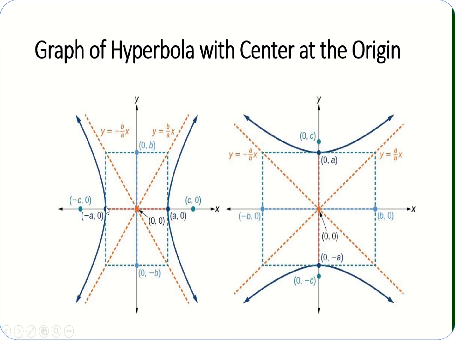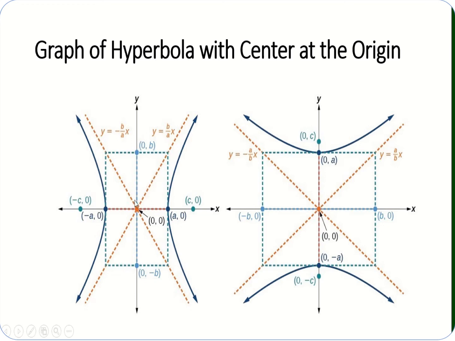So the distance between the two vertices becomes 2a. So it will be called the transverse axis. Okay, basta 2a. And the transverse axis is horizontal if the graph is shaped like this.